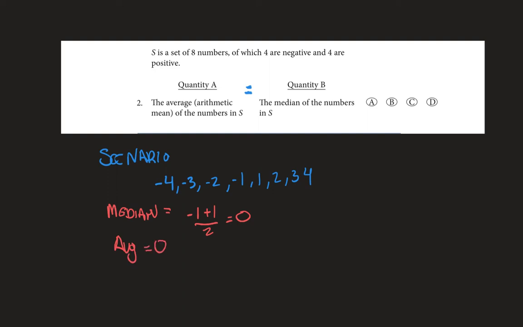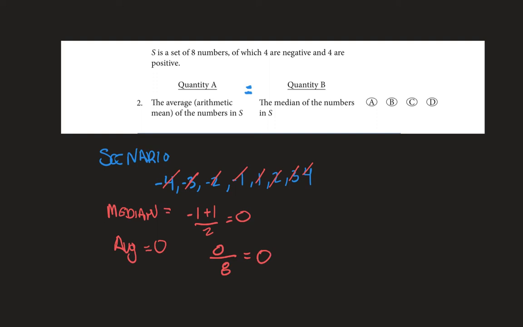In case you're asking, it's because -4 and 4 cancel out, -3 and 3 cancel out, -2 and 2 cancel out, -1 and 1 cancel out. Remember, for the average you're summing everything, but we just showed that the top will cancel out to 0. And since we have 8 numbers, 0 divided by 8 is just 0.